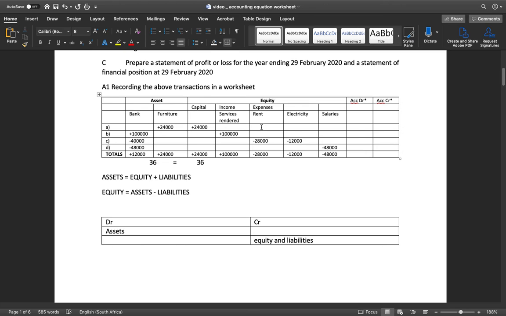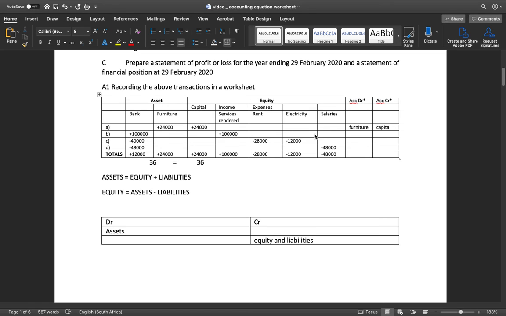To increase an asset, you must debit it. So I'm going to put furniture there. In the account credit, it's going to be capital, because capital is an equity balance. To increase an equity balance, you must credit it.